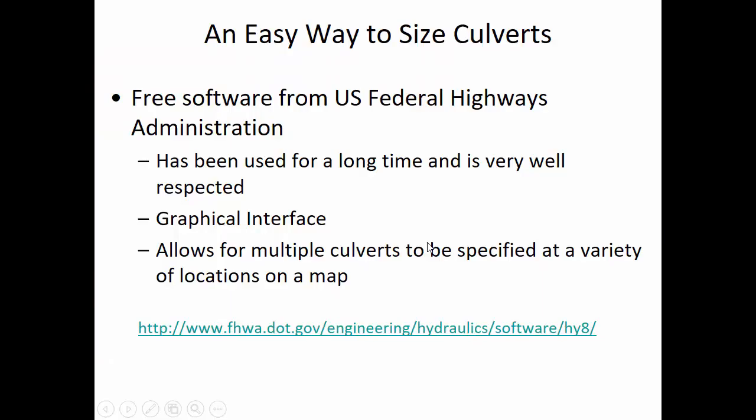All right. So the easy way to size culverts so that you don't have to use nomographs and diagnose what the flow condition is is HY8. And I've mentioned that you should download HY8. I'm going to do a quick demonstration of it today. Apparently these computers have version 7.5, and version 7.5 is mostly similar to version 7.6, which is what you'll download and install if you get it directly from Federal Highways.